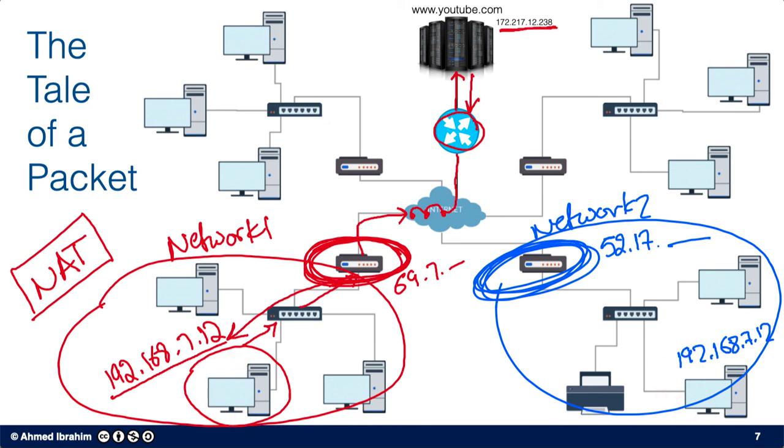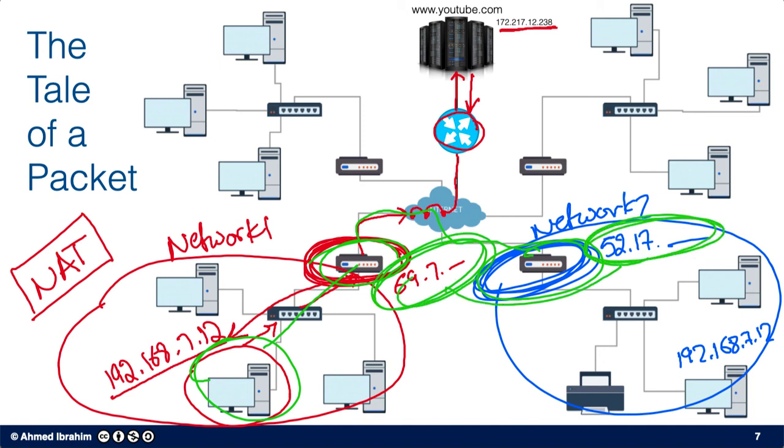A packet that is being sent by this computer here goes to its own router, which then finds a way to send it to this router, such that on the internet, it appears that 69.7.something is connecting with 52.17.something. And the internal machines are hidden behind these routers.